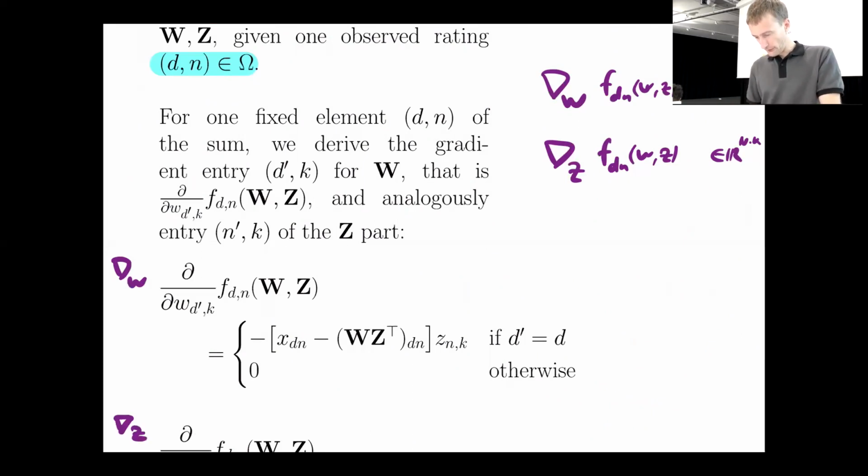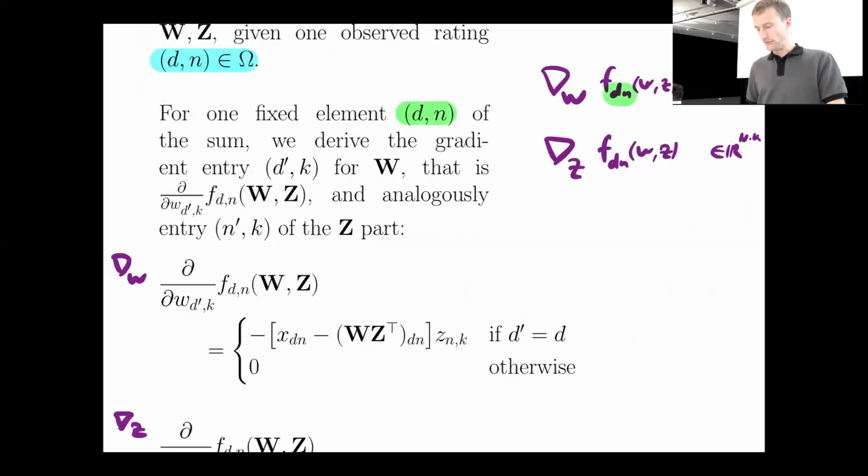So for the W, we have just one function for which we have observed the rating. And now of this one function, we want to compute the gradient of this dn, right?